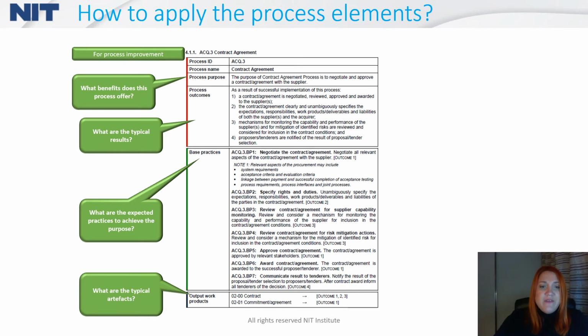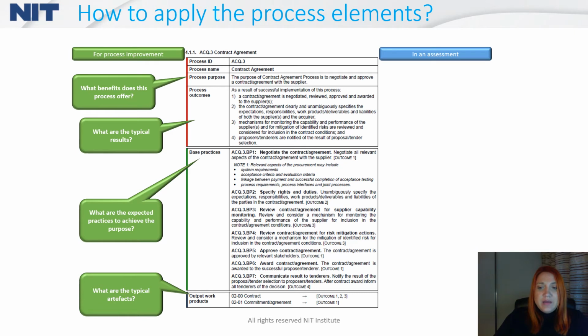For what benefits does this process offer, we answer by reading the process purpose. By reading the process outcomes, we answer the question, what are the typical results? In the section base practices, we answer the question, what are the expected practices to achieve the purpose? In the output work products part, we easily answer the question, what are the typical artifacts?